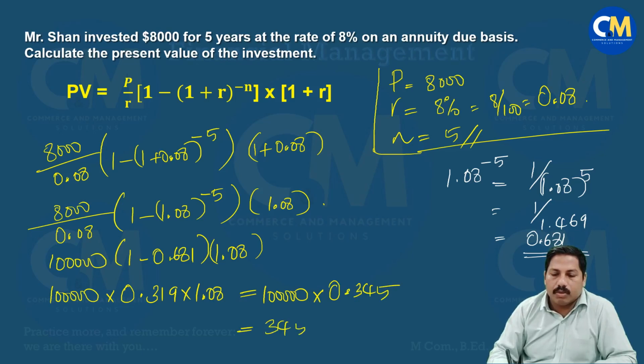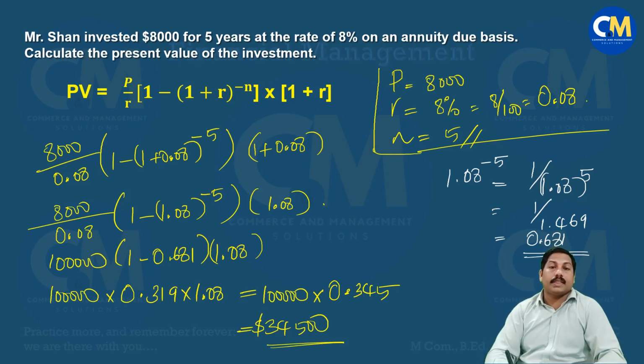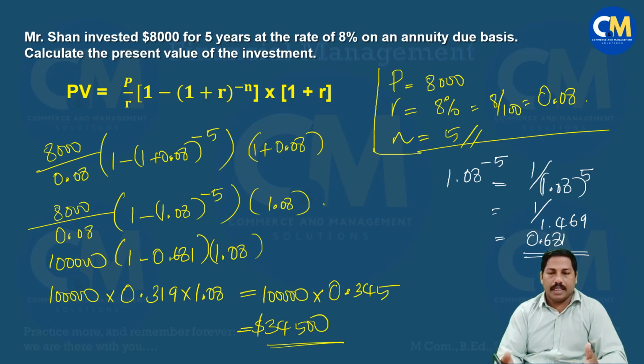So the answer is $34,500. That is the present value of the amount he is going to get after 5 years, if he is making a payment of 8,000. In the future it may be higher, but the present value is only 34,500 that he is getting right now. So this is the way we can calculate the present value or future value in case of annuity due.